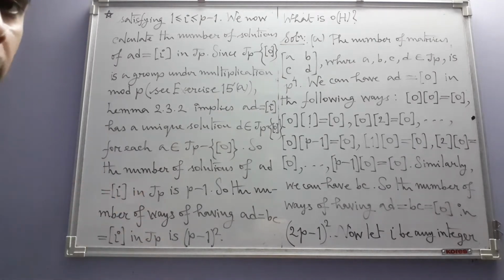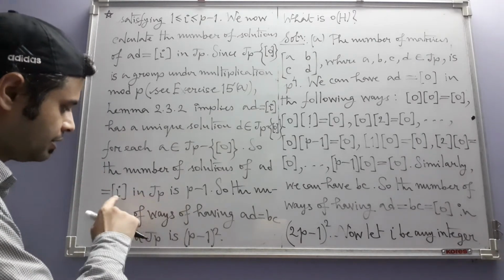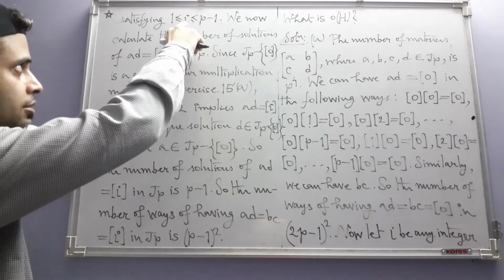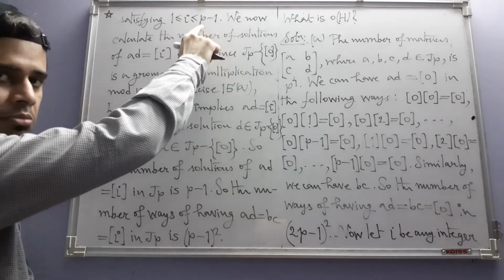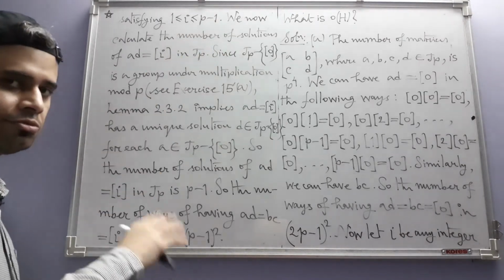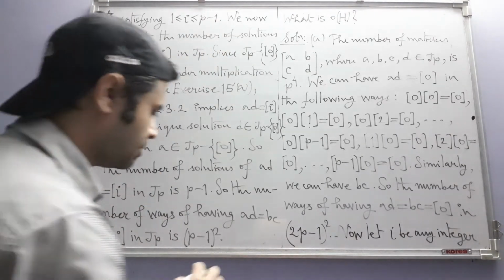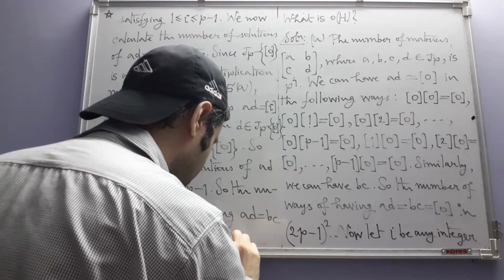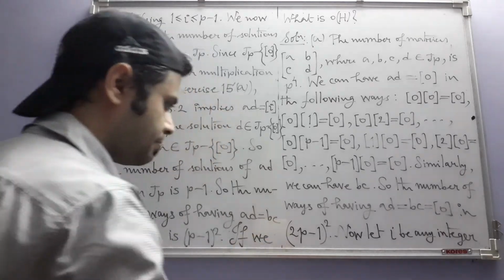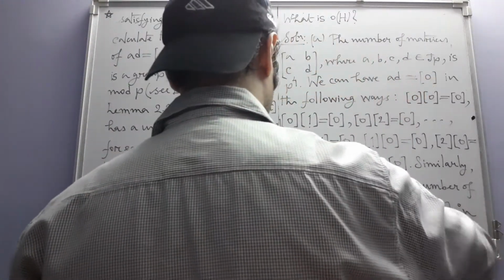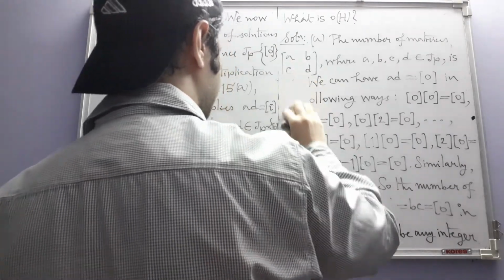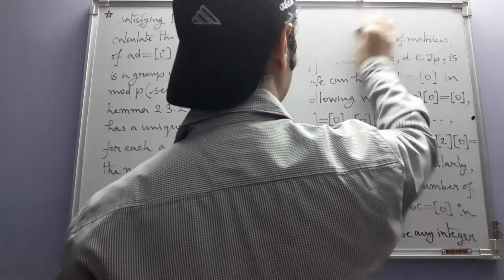But now we vary one more thing. We now vary this I also. This I has so far been fixed arbitrarily between 1 and p minus 1, including these two, however fixed. Now if we vary I also, what will happen? I don't want to erase this part, let's just keep it for the number.